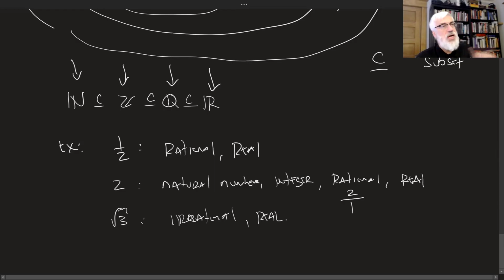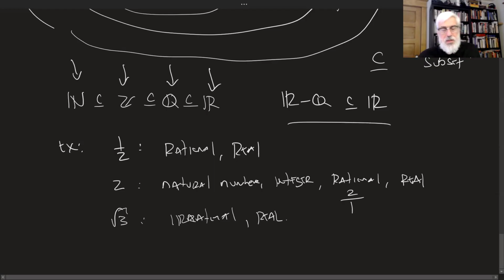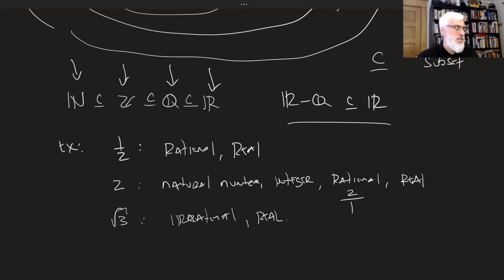Now, why isn't my irrationals part of this? Well, the irrationals are a subset of the real numbers, but the naturals, integers, and rationals aren't subsets of the irrationals. So the only relationship between the irrationals and the reals is this. It doesn't fit nicely in that set containment. So we just sort of think of that differently.